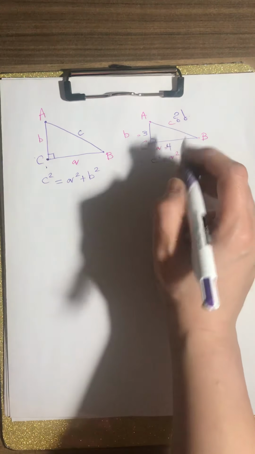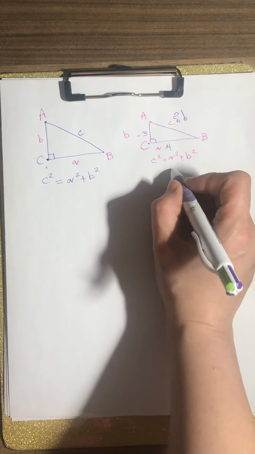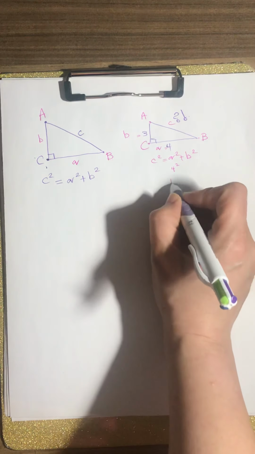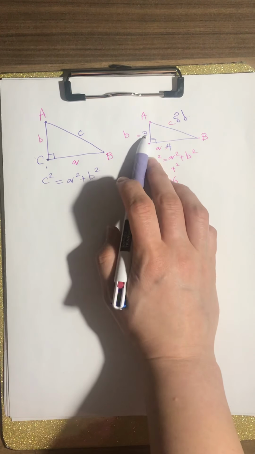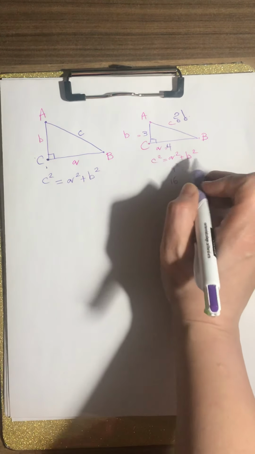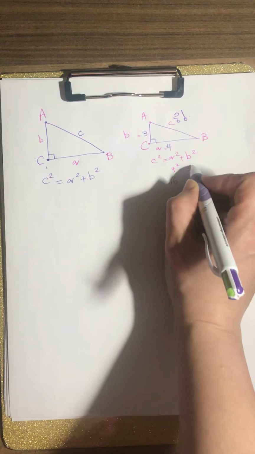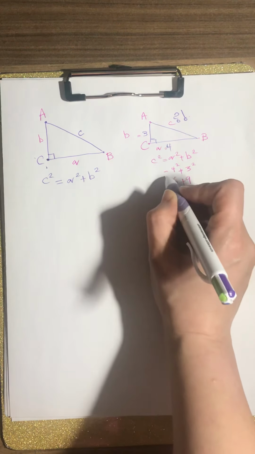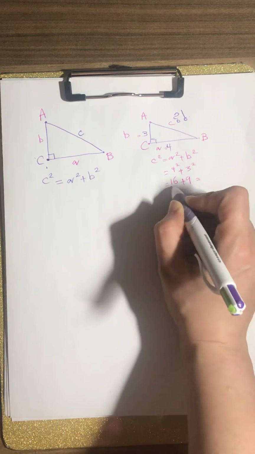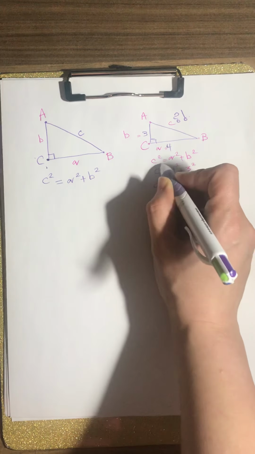A is 4. So A to the power of 2 is 4 to the power of 2, which is 16. B is 3. So B to the power of 2 is 3 to the power of 2, which is 9. If I add them based on the formula, I get C2.